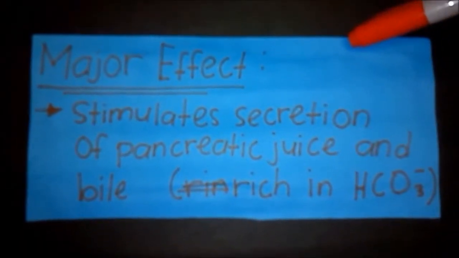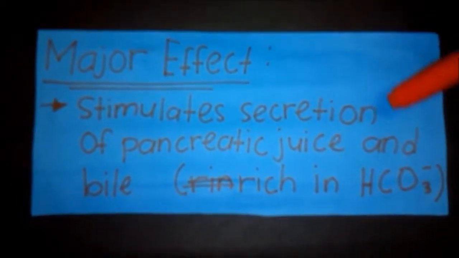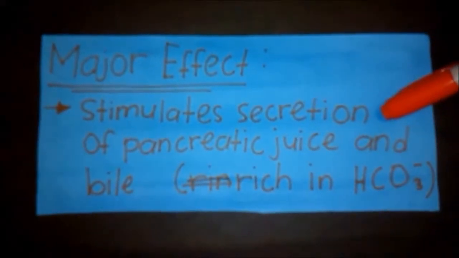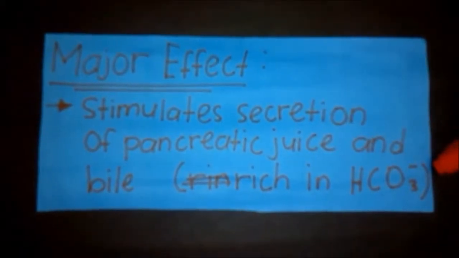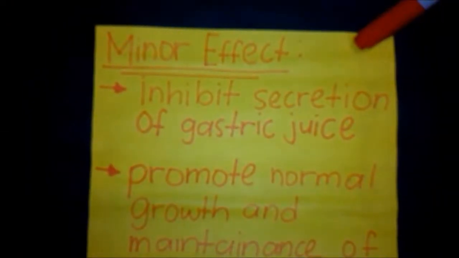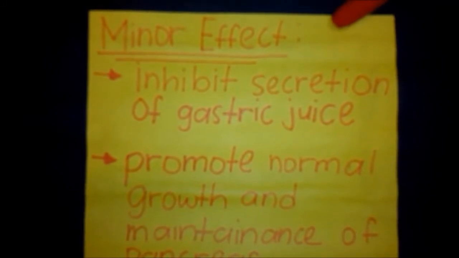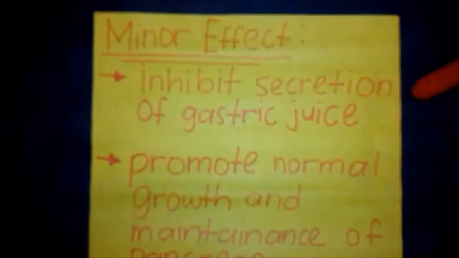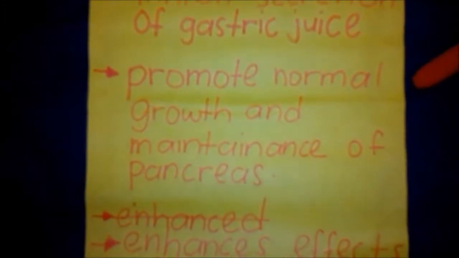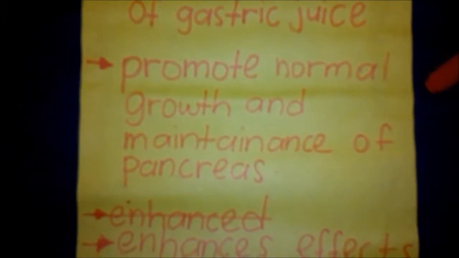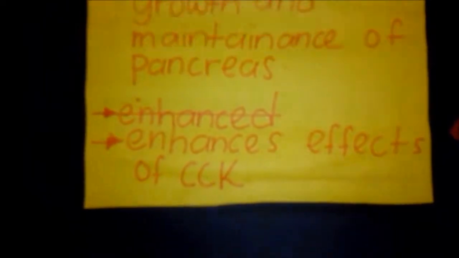The major effect of secretin is to stimulate secretion of pancreatic juice and bile, which is rich in bicarbonate ions. The minor effects of secretin are to inhibit secretion of gastric juice, promote normal growth and maintenance of the pancreas, and enhance the effect of CCK.